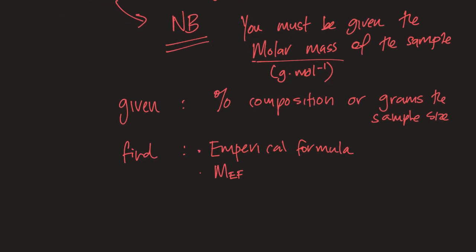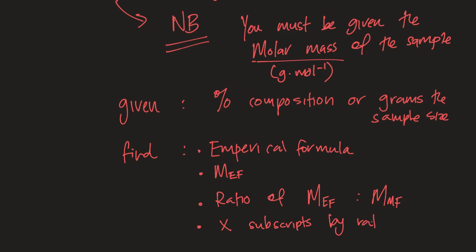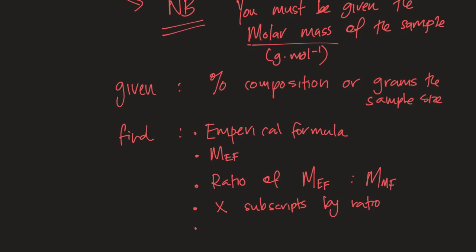You will then need to find the ratio of the molar mass of the empirical formula to the molar mass of the molecular formula. You will then need to multiply subscripts by ratios, and that will give you the molecular formula.